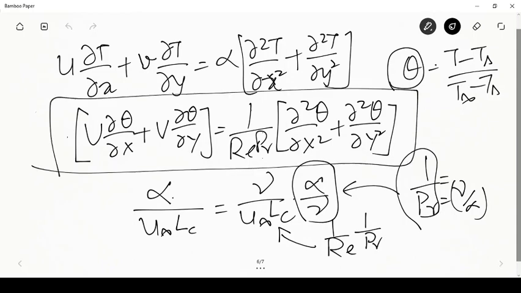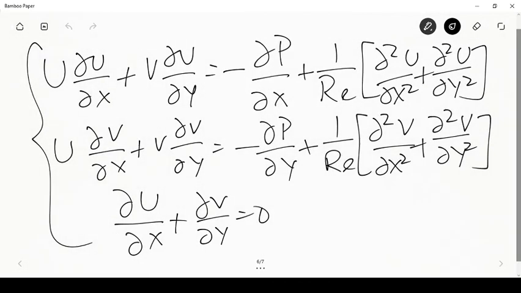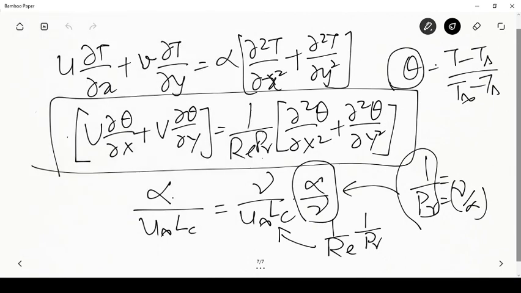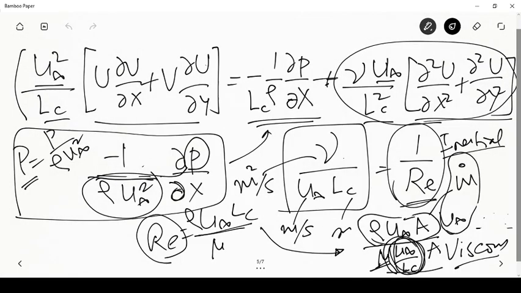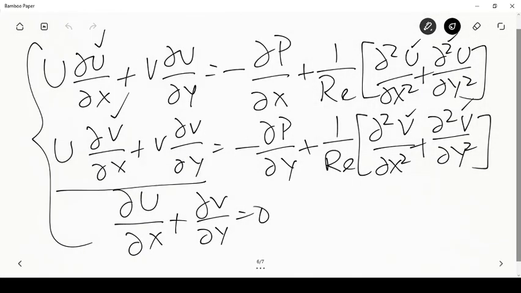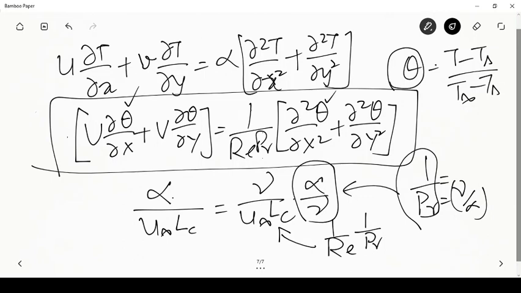If you compare it with these equations, you get a very similar left hand side, except that here there is u, here there is v, and here there is a theta. Otherwise the left hand side is very similar. And on the right hand side you have del squared, here there is a u, here there is a v, and here there is a theta.